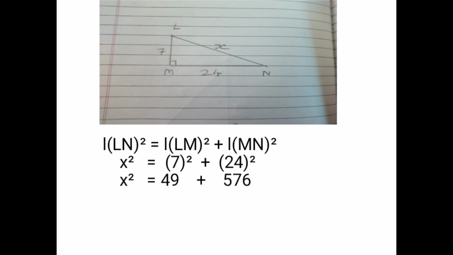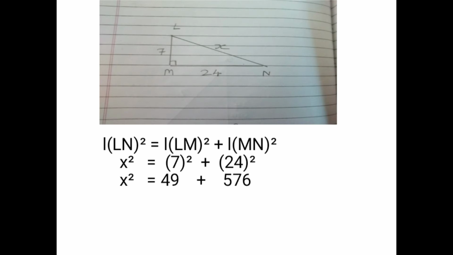LN is the hypotenuse, LM is side 1 and MN is side 2. According to the Pythagoras theorem formula, whatever is given here, you write in that place, the hypotenuse, side 1 and side 2, and the squares of it also.